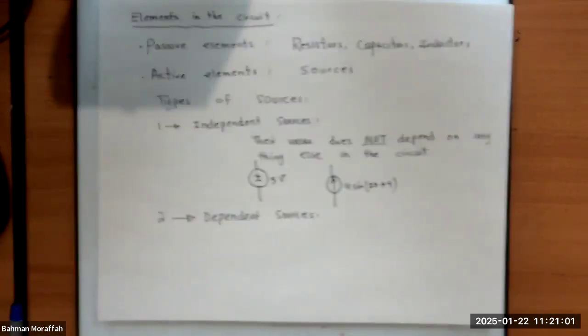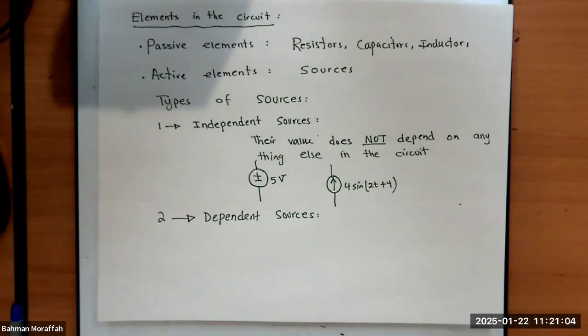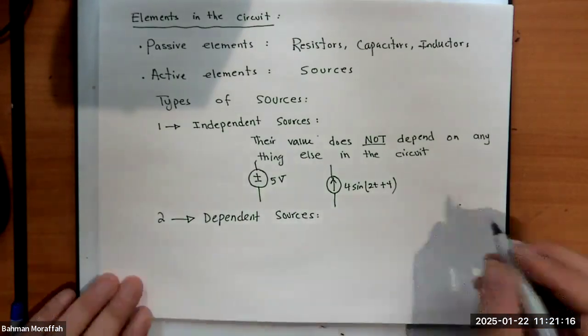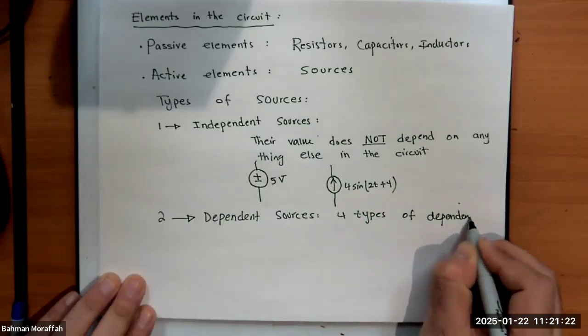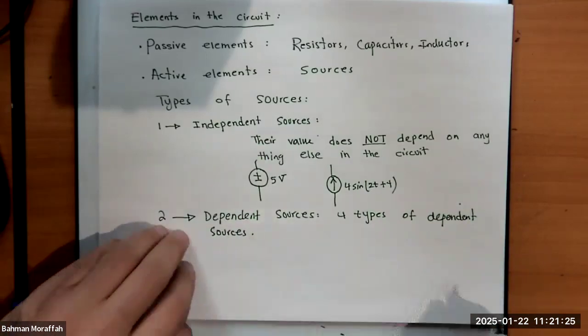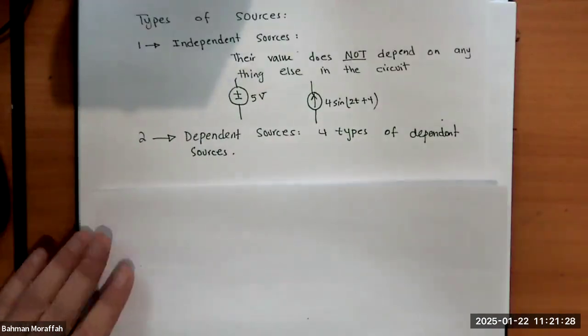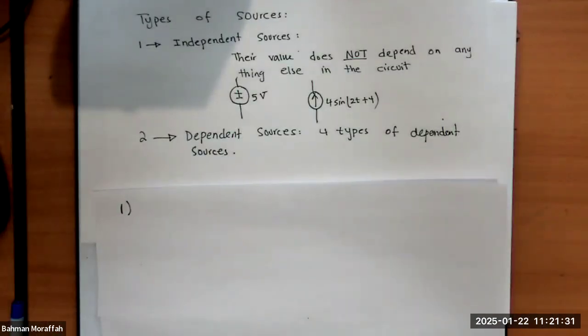Dependent sources are the sources whose value depends on something else in the circuit. Depending on what it depends on and what type of source we have, there are 4 types of dependent sources. The very first type is a dependent voltage source whose value is being controlled by a voltage in the circuit.